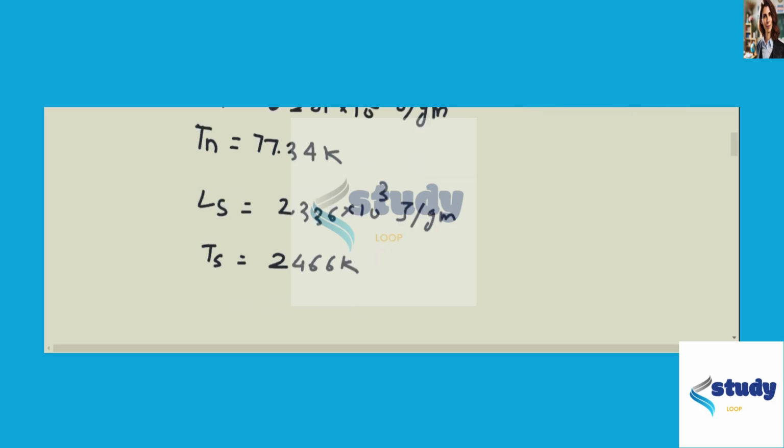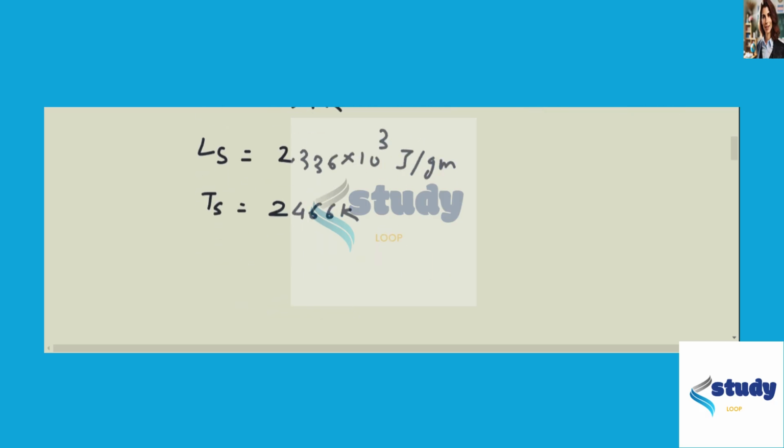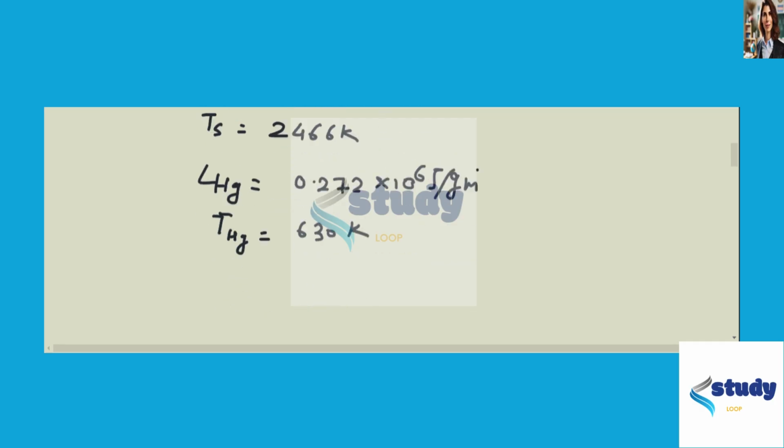Latent heat of vaporization of mercury, represented by LHg, is equal to 0.272 into 10 to the power 6 joule per gram, and normal boiling point of mercury is 630 Kelvin. Now we have to find the change in entropy of these three materials.